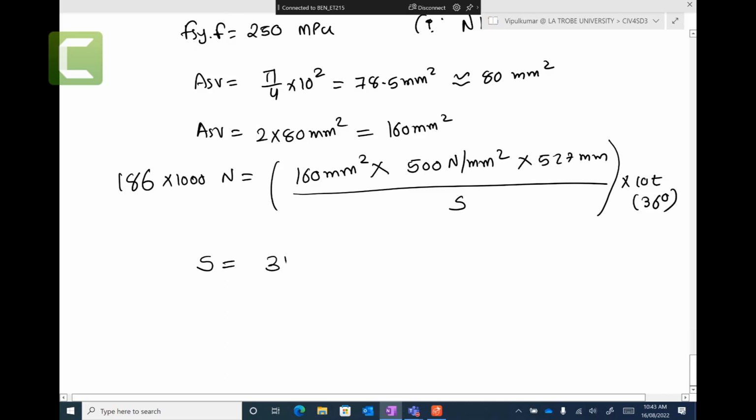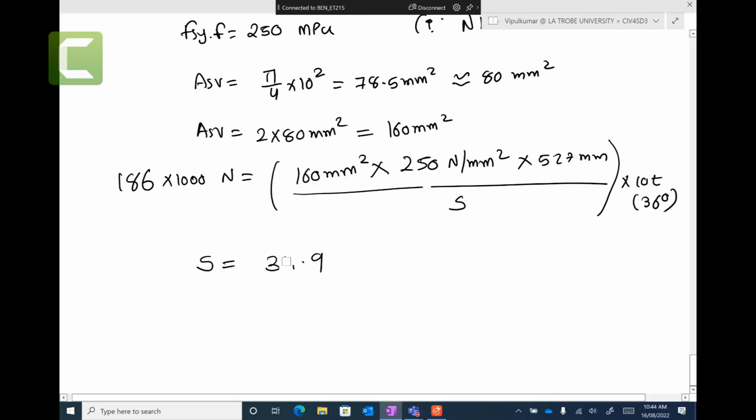Spacing is 311.9. Let me check again. 160 times 250 times 527. Let's make this one 250. Divided by 186 divided by 1000 times 1 divided by 1036.